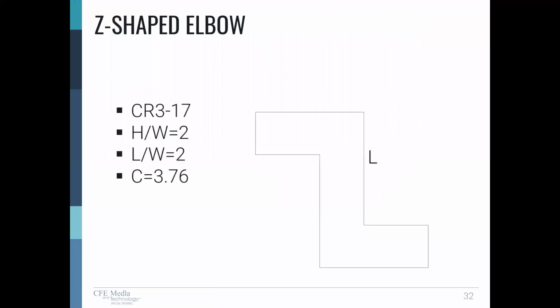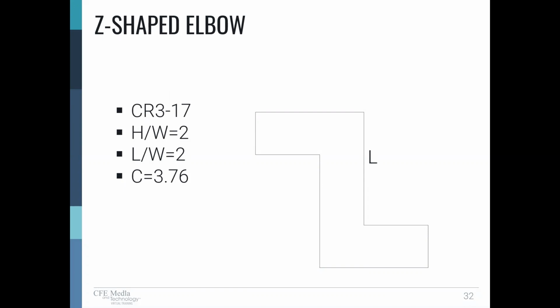The last elbow is a Z-shaped elbow. It doesn't turn a 90, it turns 2 90s. And what you have to keep in mind is, if you have 2 90-degree turns that are fairly close together, this is the kind of situation you'll end up with. So this is design CR3-17. The H to W ratio is 2. So the height to the width of the duct itself is 2.